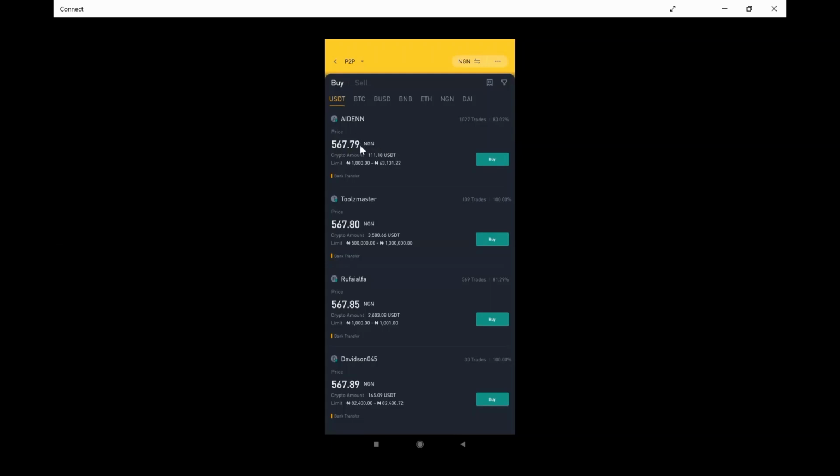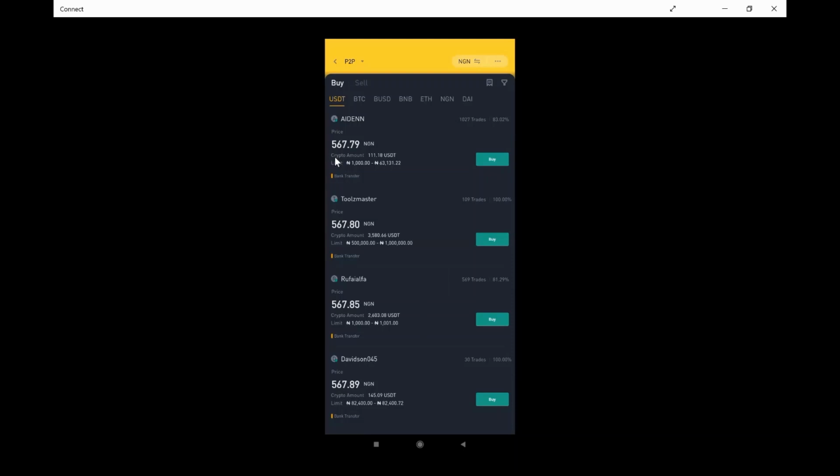That's what Aiden is listing it for. So if you want 2 USDT, you do times 2. If you want 10 USDT, times 10. If you want 100 USDT, you just times it by this number to give you the value. Just assume it's dollars you're dealing with.